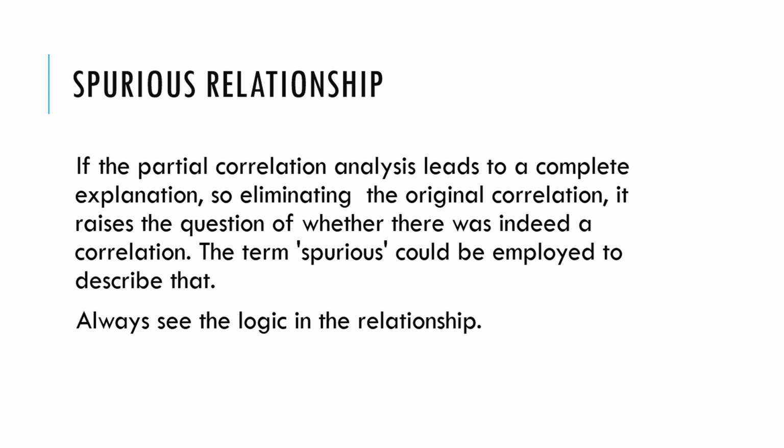Whenever you are explaining the correlation, always see the logic in the relationship. For example, if you run the data between birth rate in Pakistan and accident rate in China, there might be some correlation, but you know that would be illogical, and that relationship, even if it comes out stronger, would be a spurious relationship.